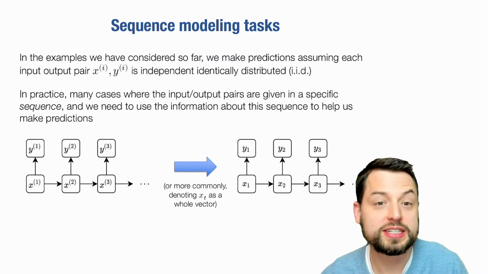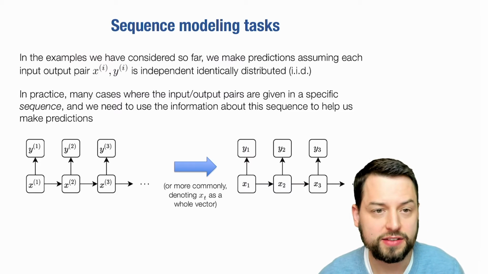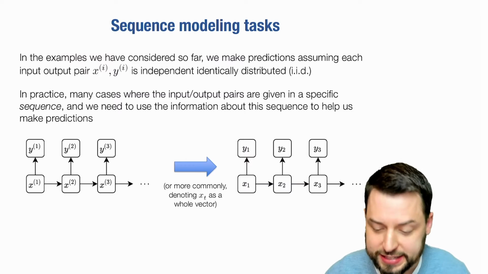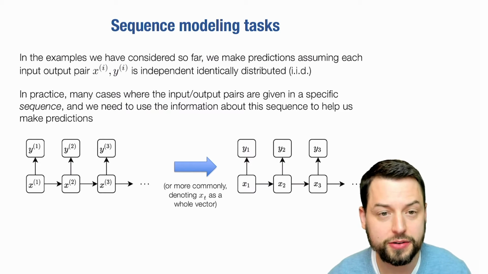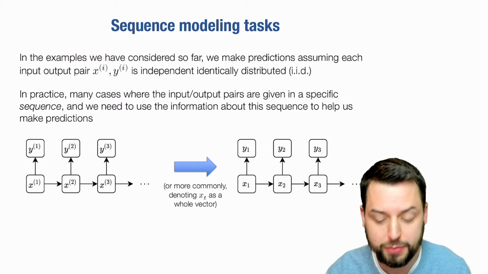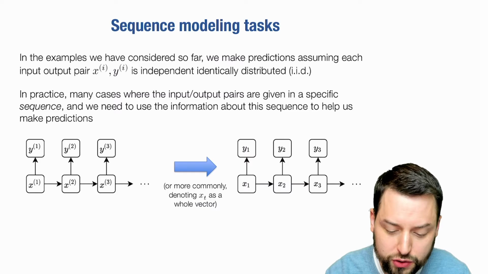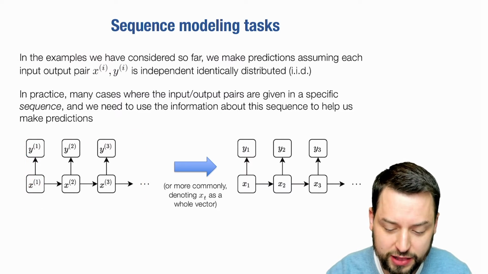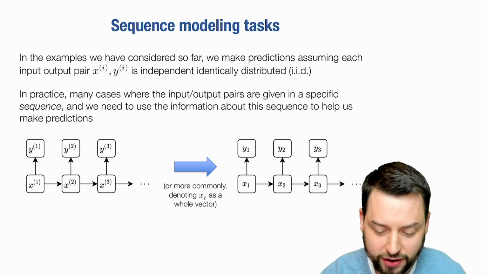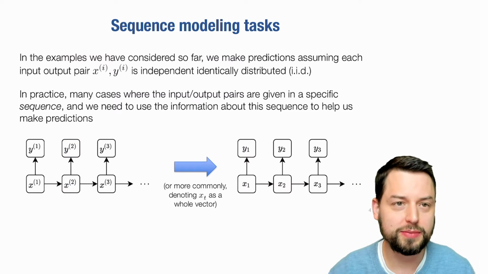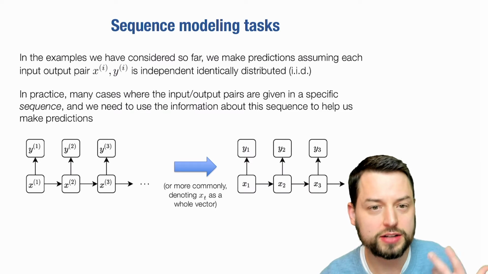But in practice, of course, this is not always the case. There are many cases where the input-output pairs form some sort of dependent sequence. And in particular, we're going to consider the case where they form some sort of sequential set of input-output pairs that we'll use figures like this to denote. So there's an x1 that leads to y1, but then it also influences x2, which produces y2, etc. To be clear, this is not a strict causal diagram or anything like this.